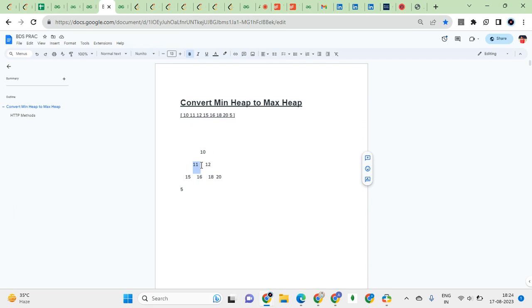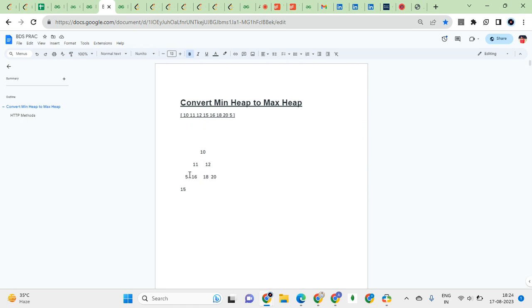So if 5 is there, you see what the smallest value is. The smallest value is 5, so 5 goes over here and 15 comes over there. Previously 5 was a child of 15, but now 5 is the parent of 15, and 15 becomes the child.